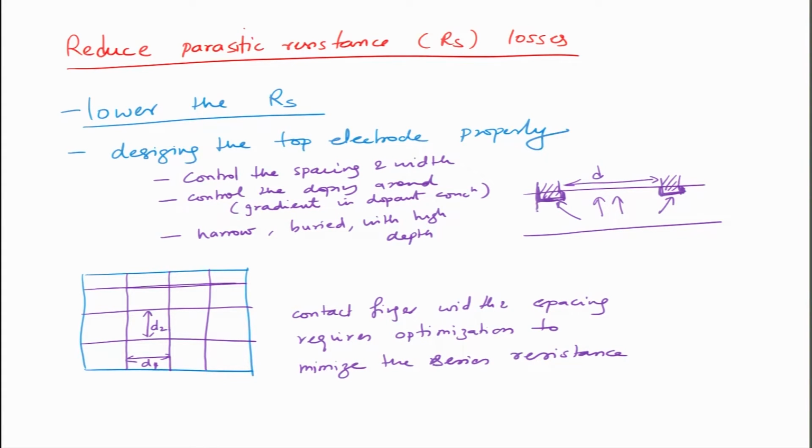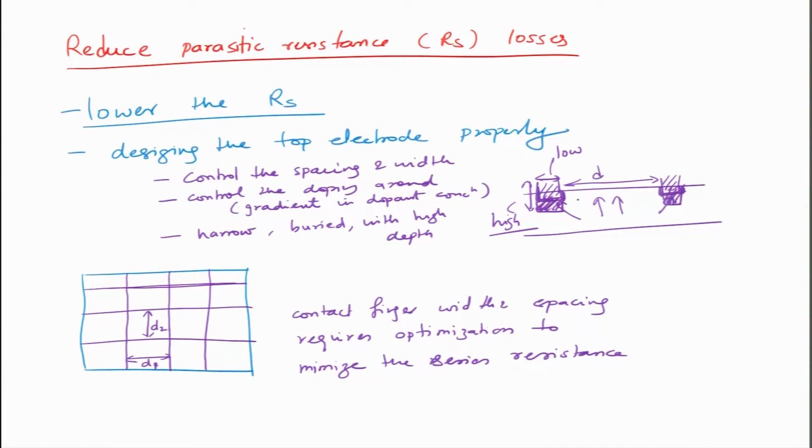So, they make a good contact by going deep into the N layer, but their spread on the top is low. So, if you look at the top view, this is low and this is high. And this is extremely important to improve the charge collection.